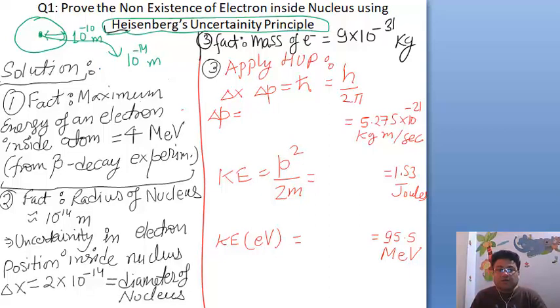But can we get some information about electron not being present inside the nucleus? Of course we know that electron is present inside an atom, right? We think of it as a probability cloud, or you can think of it as in Bohr's model, that electron is revolving around the nucleus.